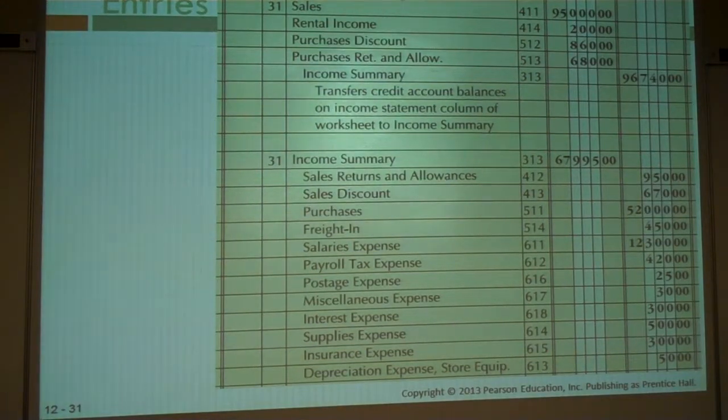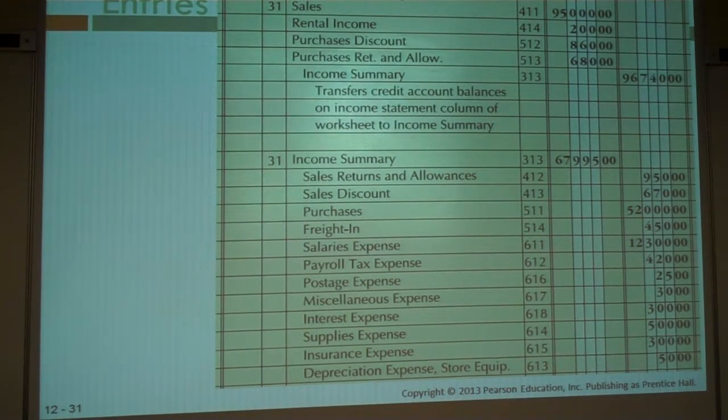Here are the first 2 closing entries. Again, you do not need to have the description like we have up there, that transfers the credit account balances on the income statement column from the worksheet. If you'll put the heading closing entries, that's all you need. I don't need you to write that description.